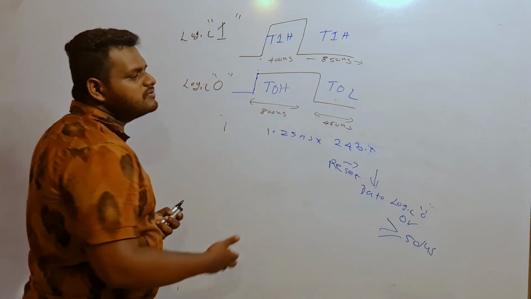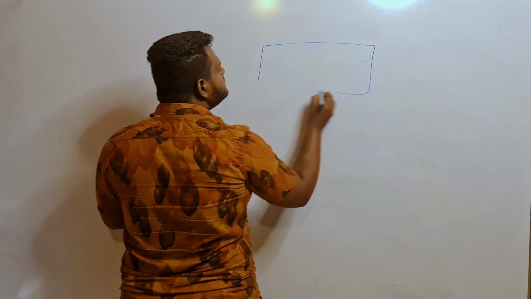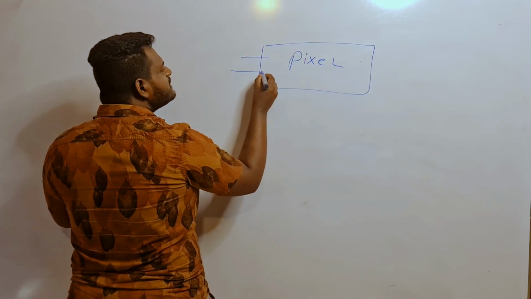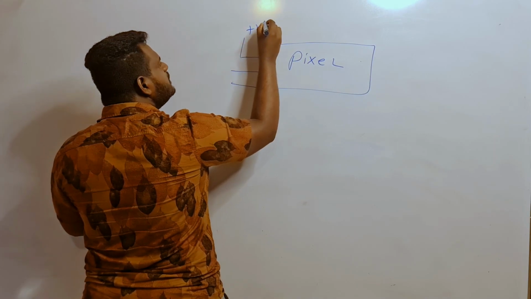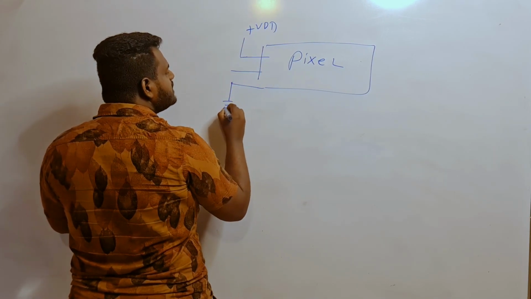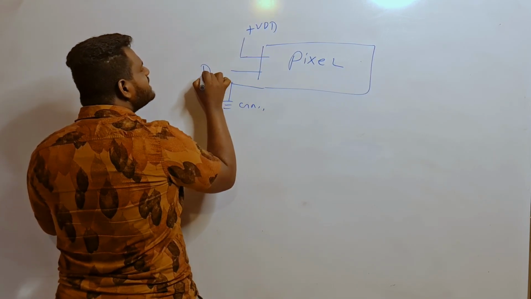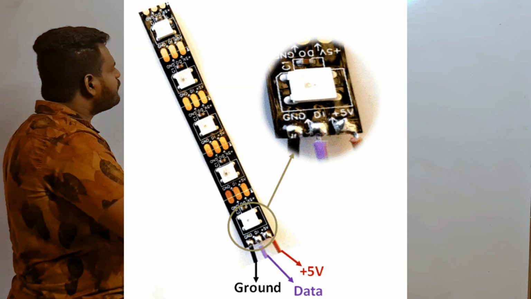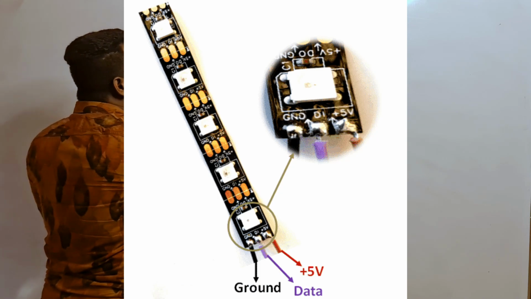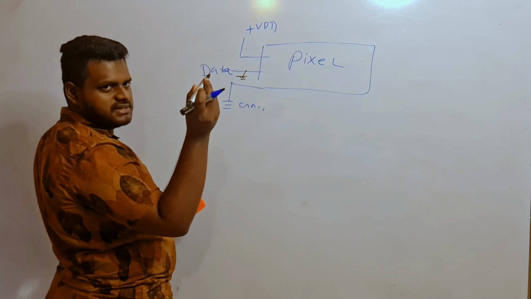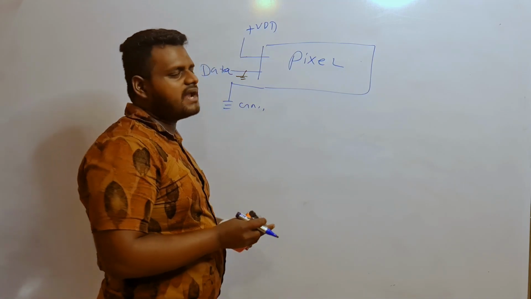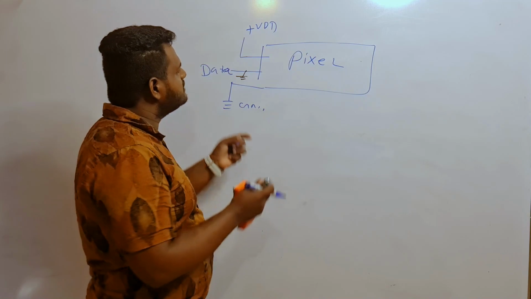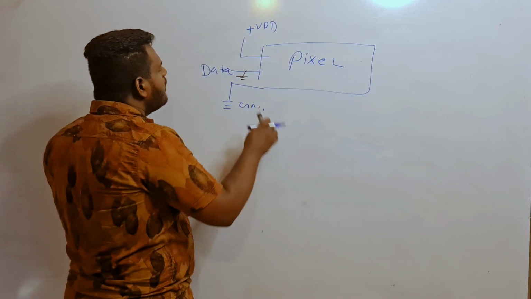Let's take this as my pixel. This pixel consists of 3 wires: VDD, ground, and data. I'm talking about the data pin. If you put this to logic 0 level, that means it's reset, and then it will light up with the RGB data you put in there.